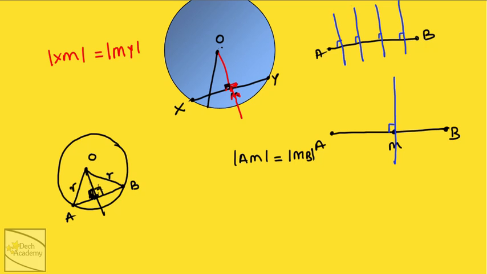You can see how this could be useful. So say you are given this angle, say it was 30 degrees. Because this is a perpendicular bisector, you can work out the length of AB.